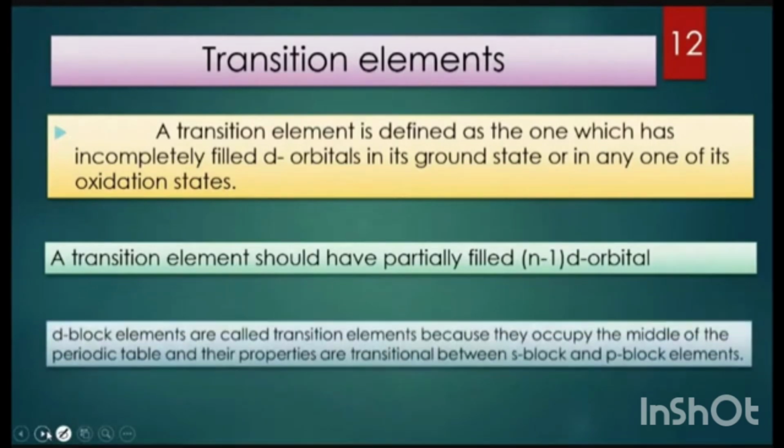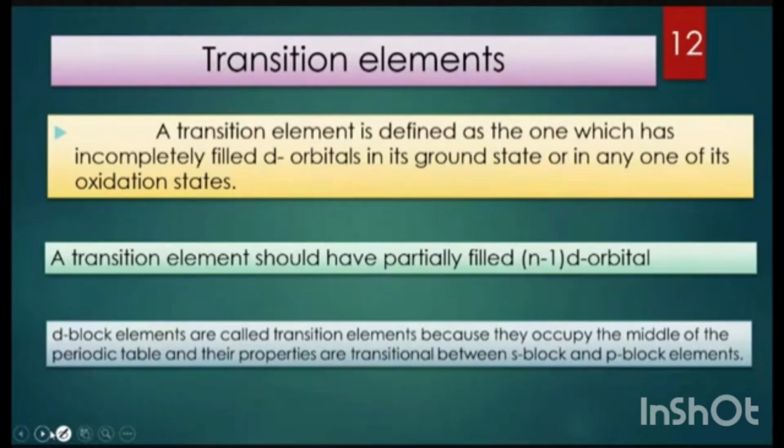There is one more reason why d block elements are called transition elements. If you look at the periodic table, d block elements are called transition elements because they occupy the middle of the periodic table and their properties are transitional between s block and p block.